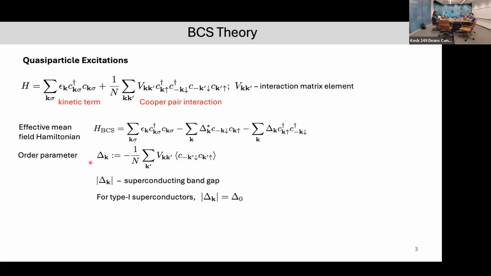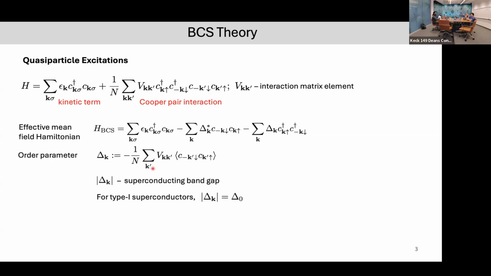And the modulus of the order parameter gives you an idea about the superconducting band gap of the material. And for type 1 superconductors, it's just a constant, it doesn't depend on the momentum values. So in the whole bulk of the superconductor, there's just a constant band gap.